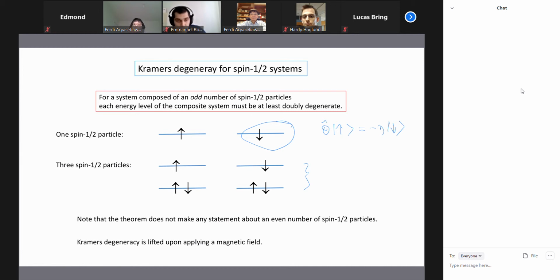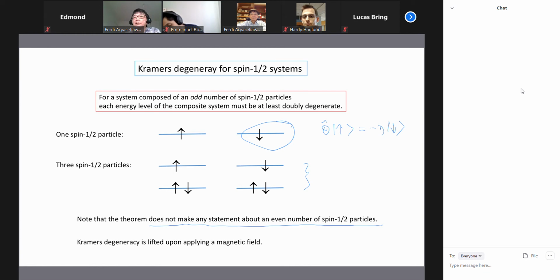The point is that there is always one level which is only occupied by one particle in the case of an odd number, so there is always this degeneracy. So Kramers' theorem only applies to an odd number of electrons. It doesn't say anything about an even number of electrons, so that's important to note. It makes no statement.